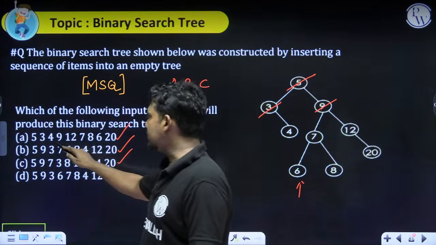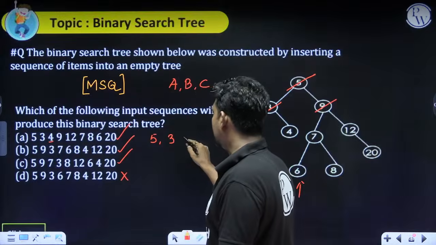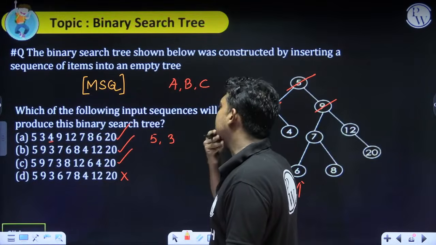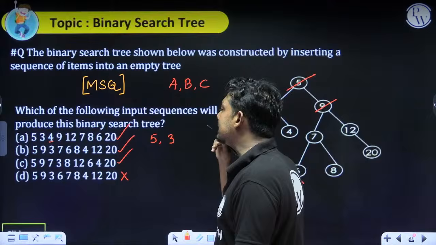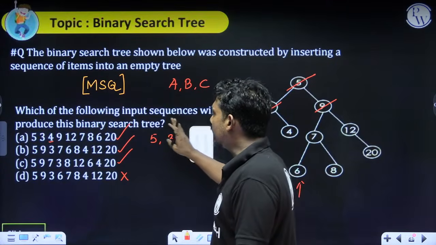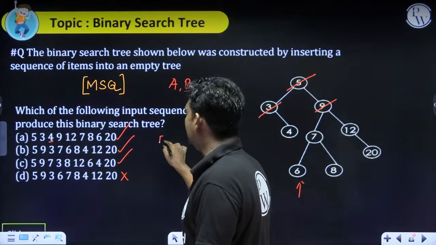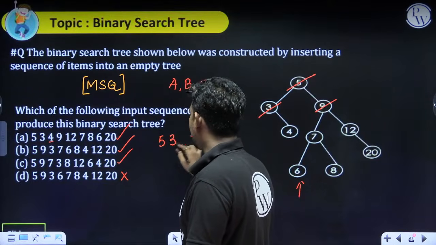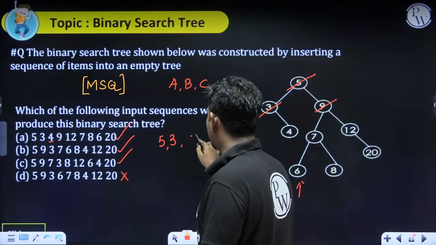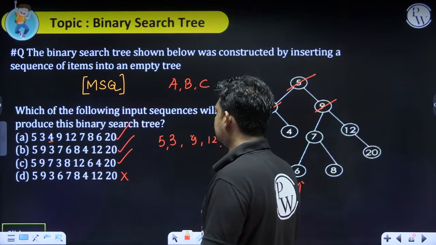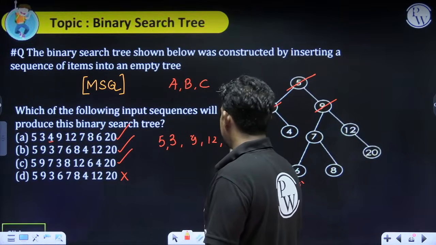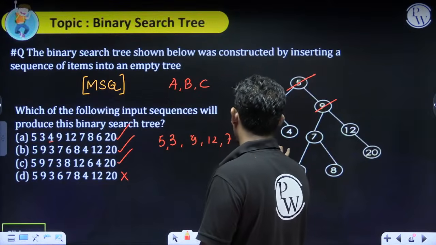I take out this 4, which is also a leaf, and instead of that, 20 depends on what? 9 and 12. So I write the sequence 5, 3, 9, 12, 7, 8, 6, 20 and 4.